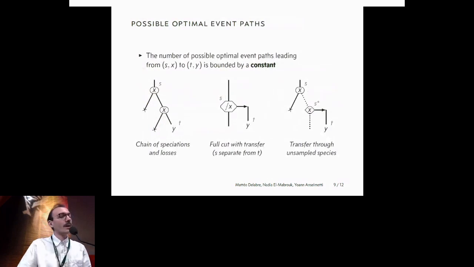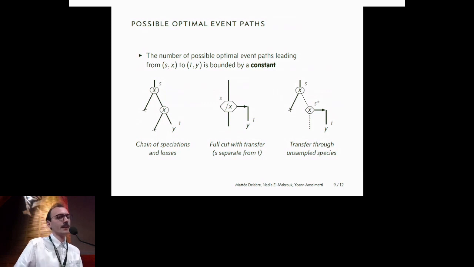And so what are those possible event paths? Well, there are many. The one on the left is the usual one that we take with usual reconciliations. It is just to postulate speciations, as many as we need to reach the target species from the initial species, and add losses on the way.